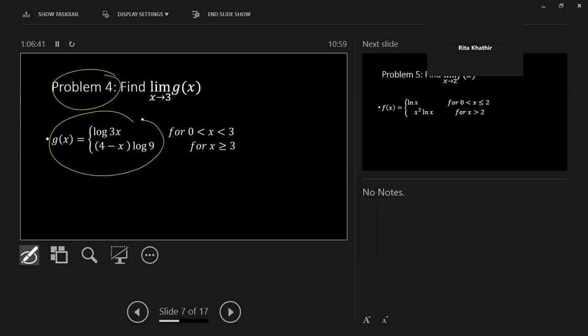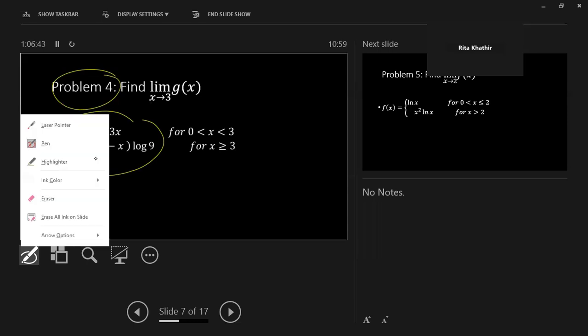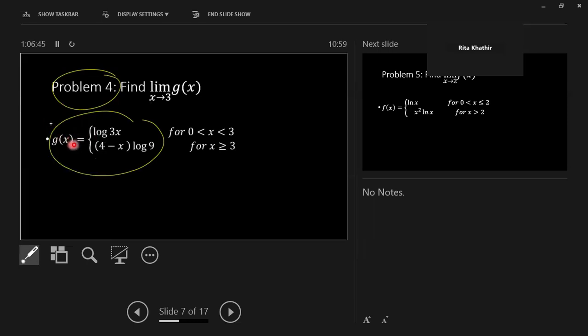The function g of x equals log of 3x, with the condition x bigger than 0 and smaller than 3.